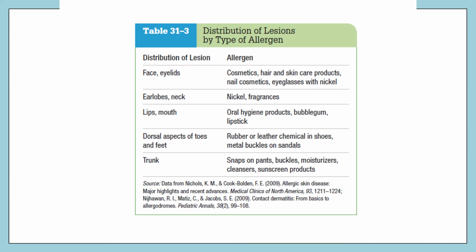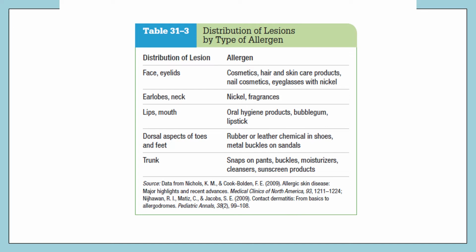Distribution. You want to pay attention to how the distribution of the dermatitis is to give you a clue of what caused it. For example, if you have a rash on the trunk near the pants, it could be related to the nickel snaps in the pants.